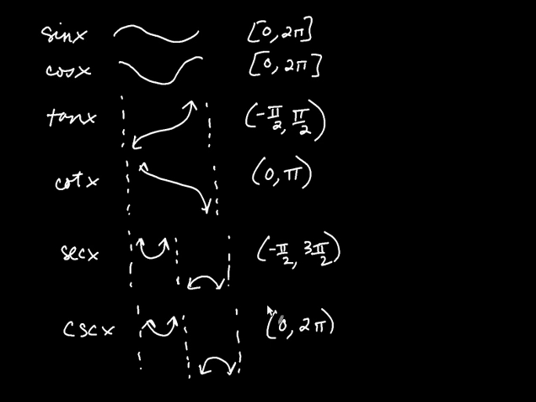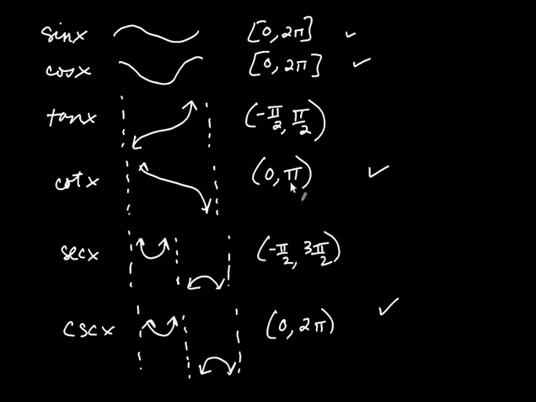So you have to memorize these 6 basic shapes, and just as importantly, the intervals over which we're graphing them. It's not too bad because most of them start at 0: the first four all start at 0, and only one of them, cotangent, has a period of pi.